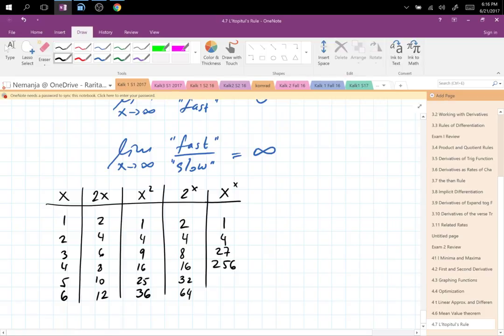This one is absolutely wrecking anything else. Then you have 5 to the 5, which is 625 times 5, a lot, and this is even more. We're talking tens of thousands on number 6 already, without pulling out the calculator.